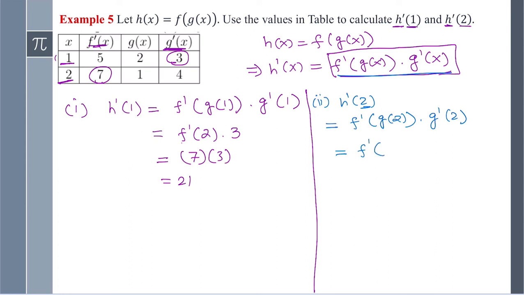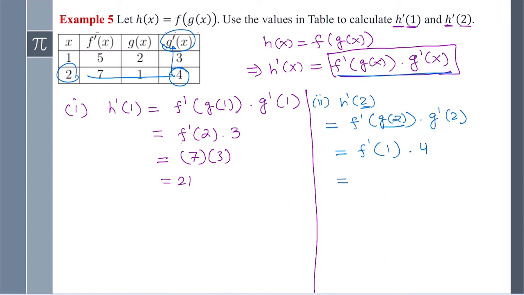So g of 2 means the value of the function g at x equals 2. So g at 2 is 1. So this is f prime of 1 times g prime of 2, which means the derivative of g at 2. So the derivative of g at 2 is 4. So we put 4 here.